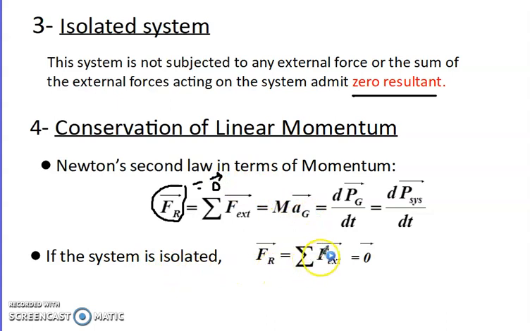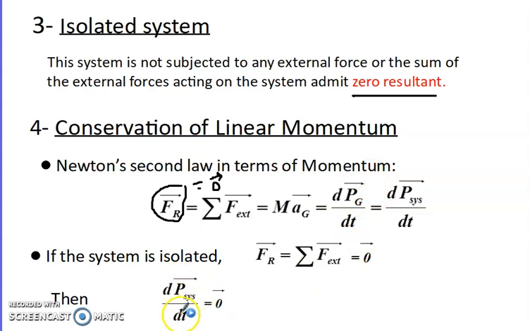If sum of forces is 0, then the derivative of the linear momentum of the system or its center of mass equals 0. You know from mathematics that if the derivative of a function is 0, then this function is constant, right?